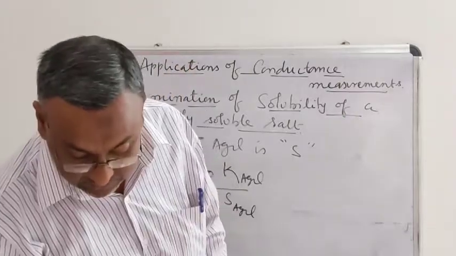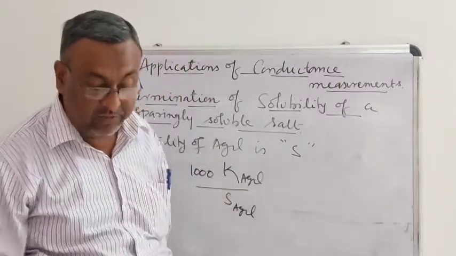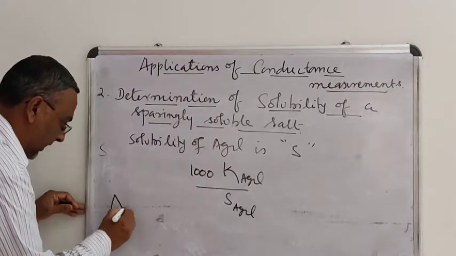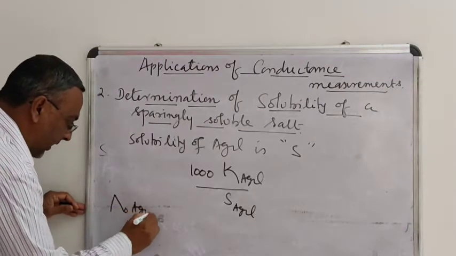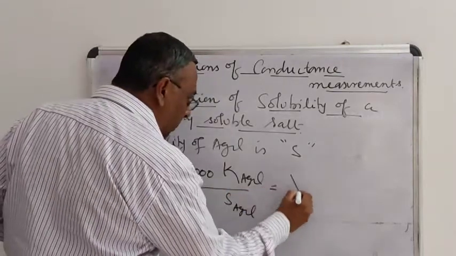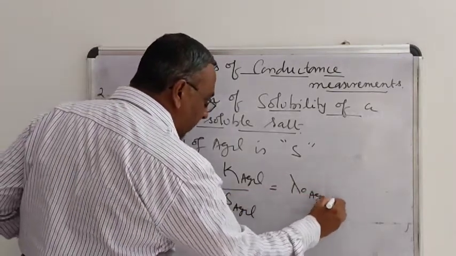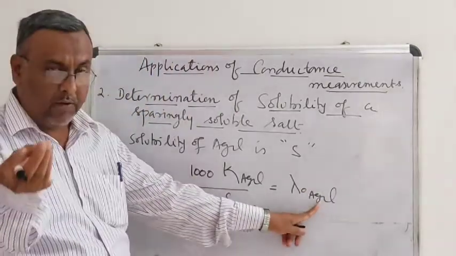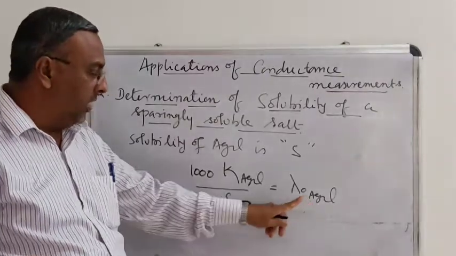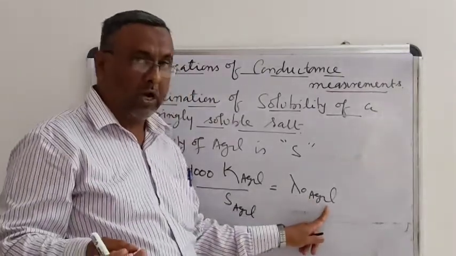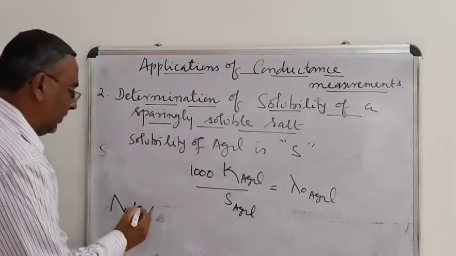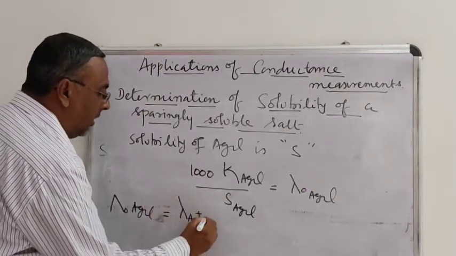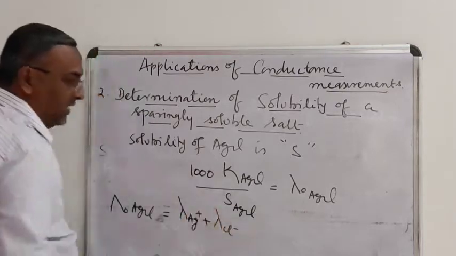It is taken as the equivalent conductance at infinite dilution. So we know that the equivalent conductance of silver chloride is equal to lambda 0 of AgCl, which is the solution containing AgCl in a very little amount. It can be taken as the equivalent conductance of silver chloride at infinite dilution. This can be calculated as lambda of Ag plus ions plus conductance of Cl minus ions.